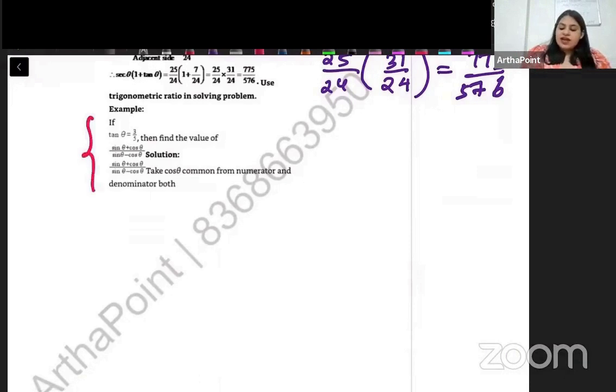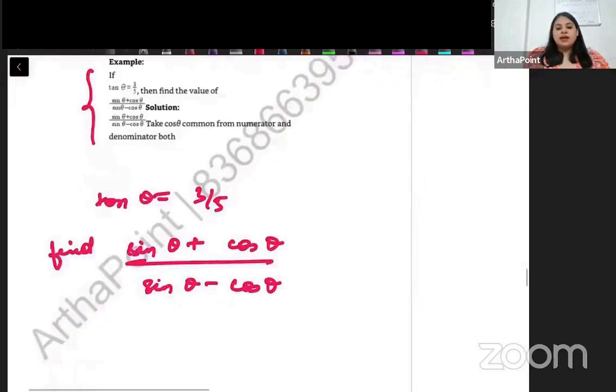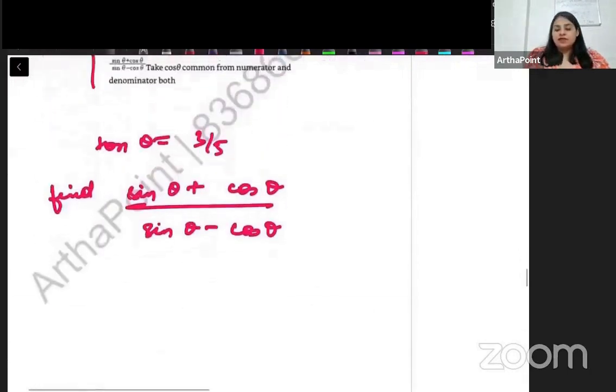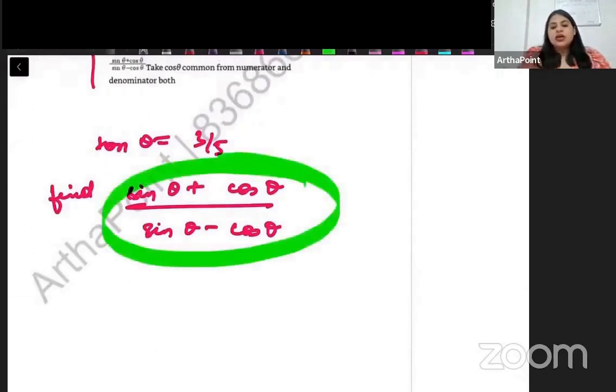It says tan theta is 3 by 5. Find sine theta plus cos theta upon sine theta minus cos theta. ये निकालना है. So beta, tan theta is given as 3 by 5. What you can do is both numerator and denominator you can divide by cos theta.